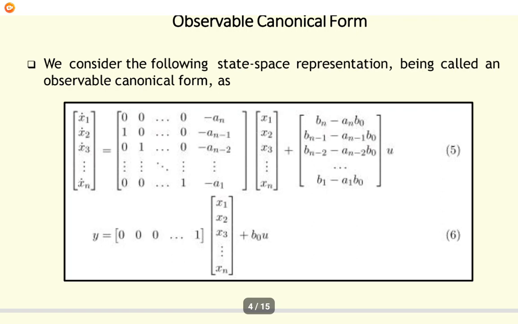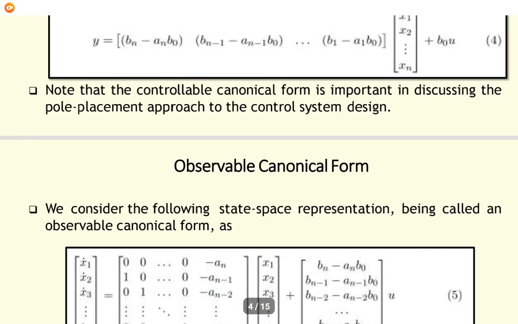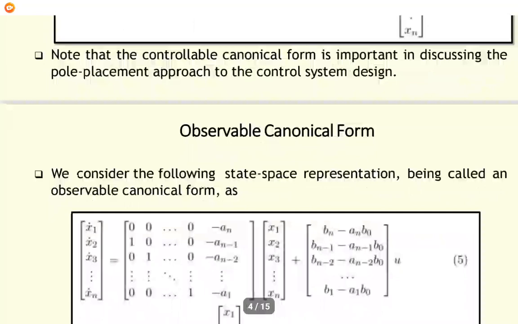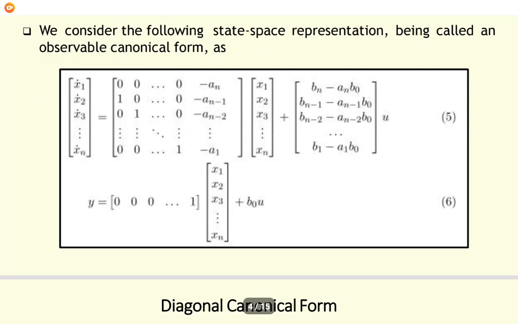The first column is 0 1 0 and so on up to 0, then the second column is 0 0 1, and so on. The original A of the controllable form becomes A transpose for the observable form, where rows become columns and columns become rows.